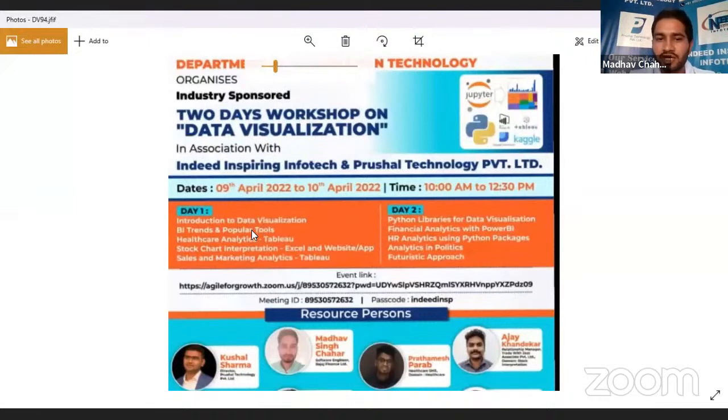So this would be the agenda for day one, and day two we'll be covering Python libraries for data visualization, financial analytics with Power BI, HR analytics using Python packages, analytics in politics, futuristic approach. And of course, in both the days, we'll be taking so many of your questions and any doubts which you will be having throughout the session.